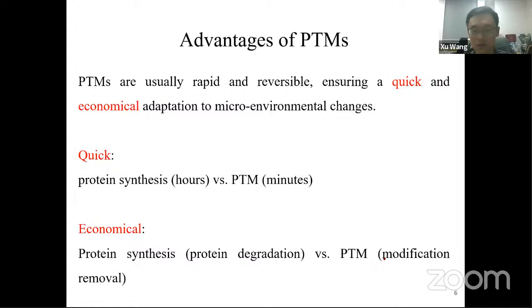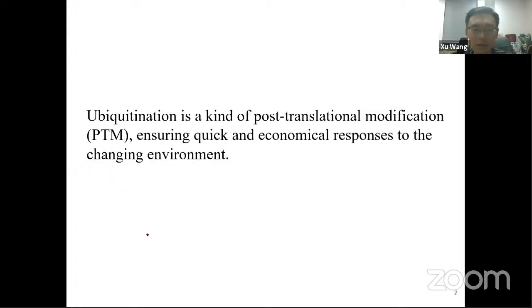The proteins are not changed. So it's more economical. The cells don't need to synthesize and degrade proteins, because this will take a lot of time and material. And ubiquitination is a kind of post-translational modification, or PTM, ensuring quick and economical responses to the changing environment.